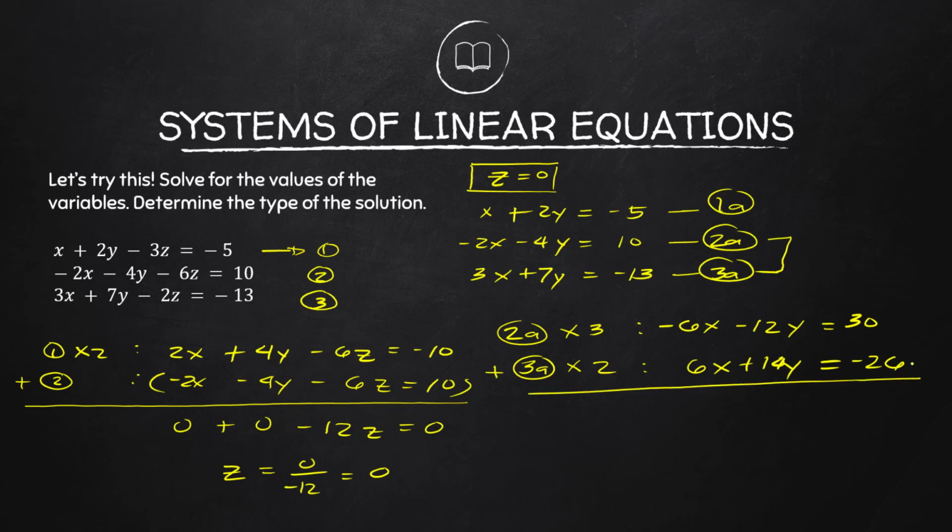Then adding these two equations, negative 6x plus positive 6x is equal to 0. You have negative 12y plus 14y equal to positive 2y, and this is equal to 30 plus negative 26, which is positive 4.